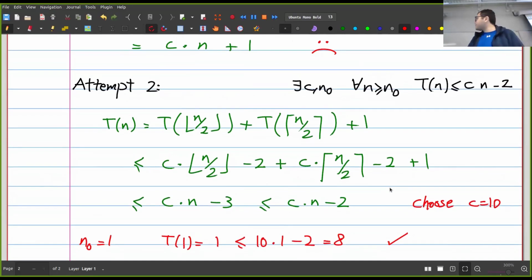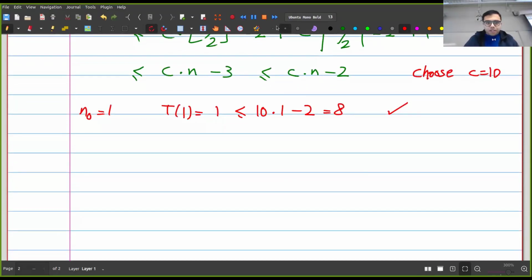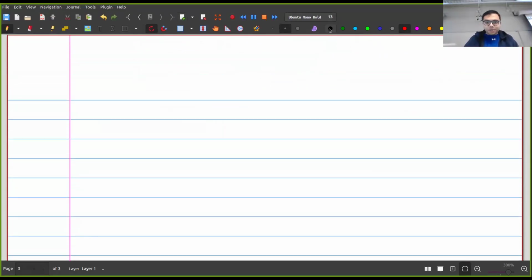Okay, so this is actually a very common technique, subtracting something of a lower order. It happens all the time. Let's do this example. This is really a tutorial. I'm really doing a bunch of examples.